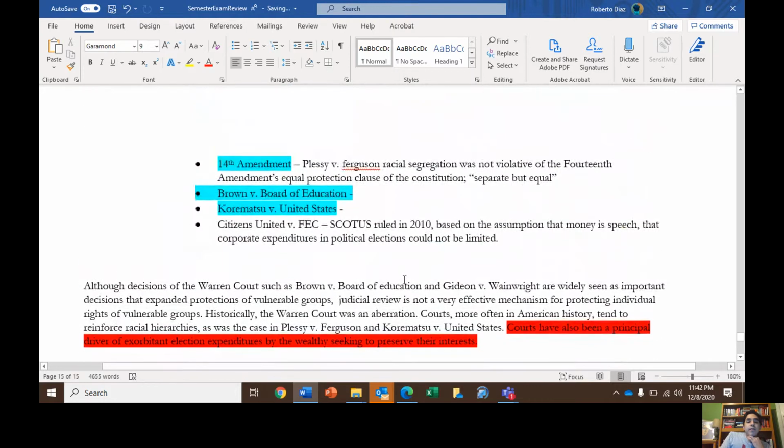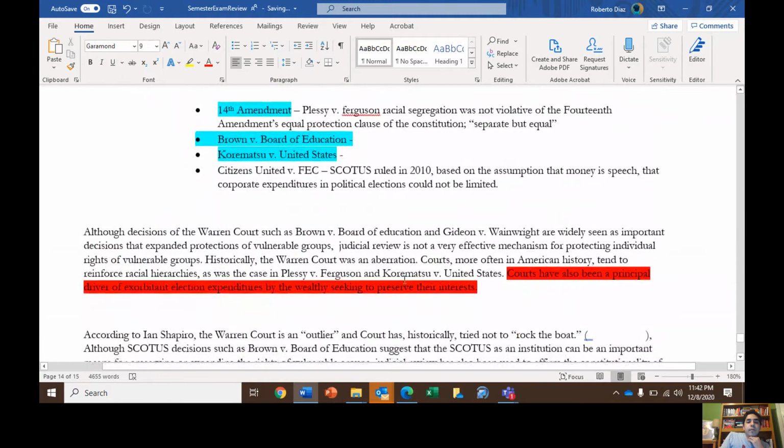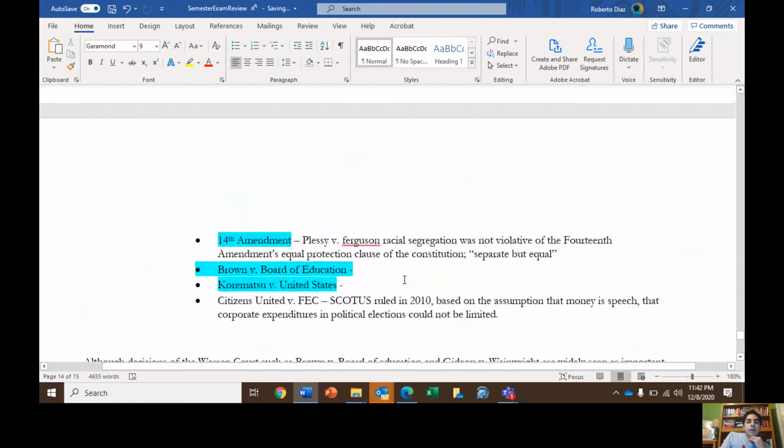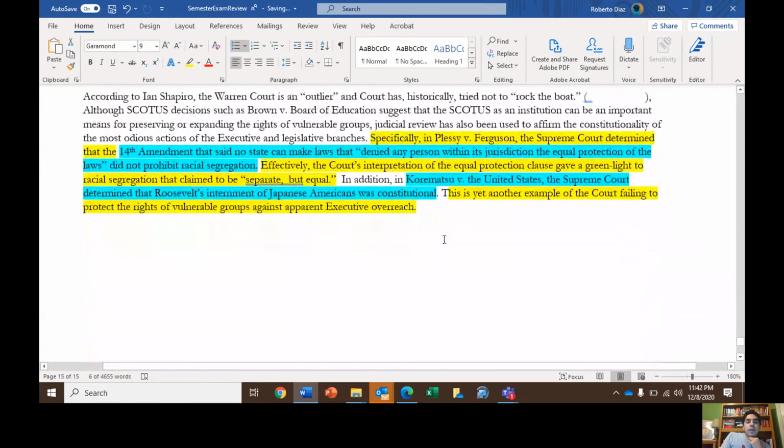You can also use evidence to kind of build a counter argument. So again, Brown versus Board of Education would kind of be used in a counter argument.